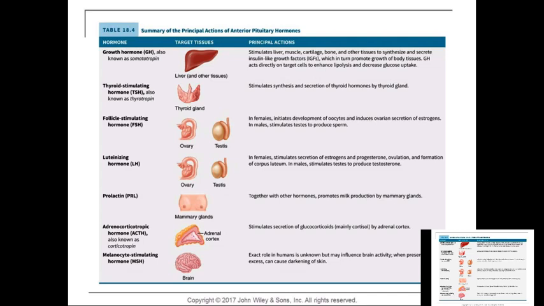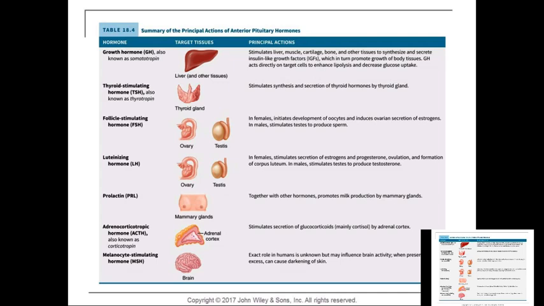LH, luteinizing hormone, again, this is going to affect both males and females, but most people think of it as the female hormone, where you see those commercials on TV when the couple is trying to get pregnant and she checks her LH levels by dipping the stick in the urine, and then she calls up her husband and says, gotta rush home, right?